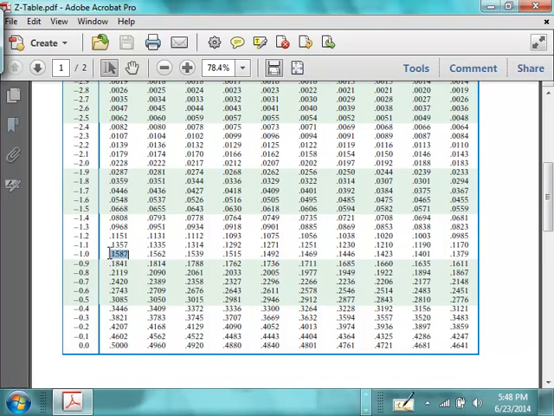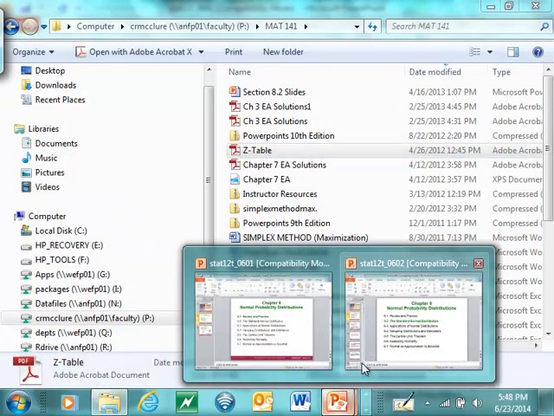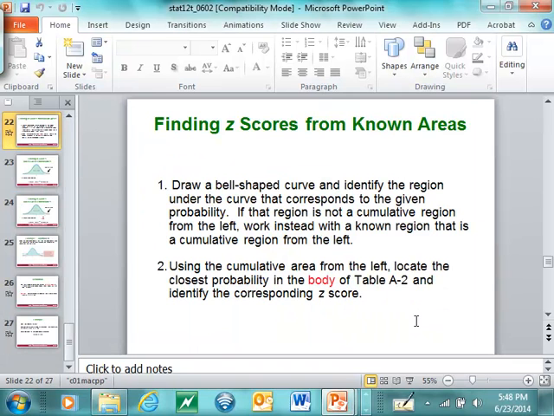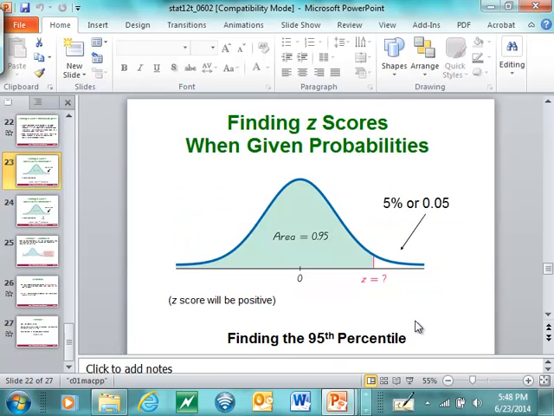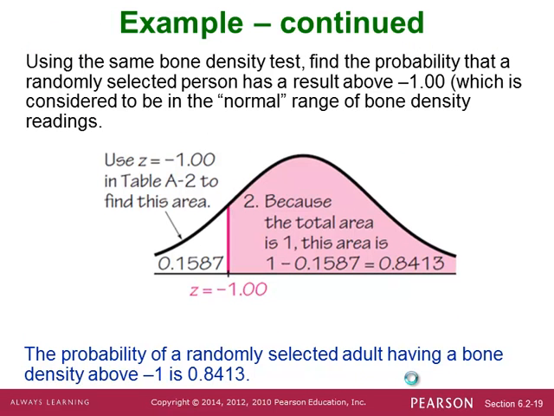And notice that it has a probability of 0.1587. So we saw that the area to the left of negative 1.00 is 0.1587, and I just showed you how to look that up.